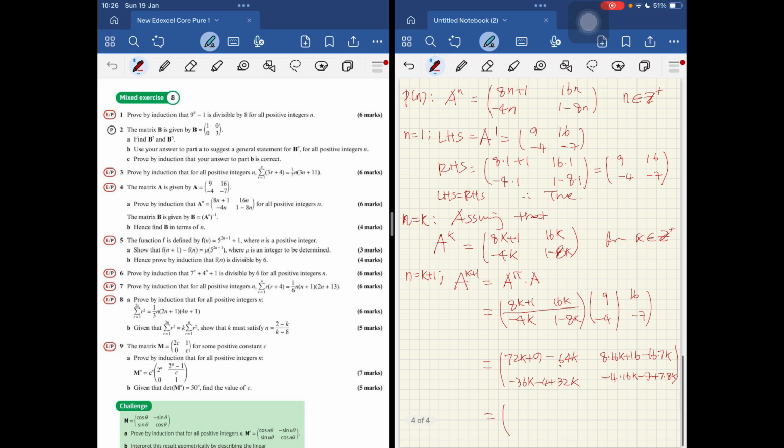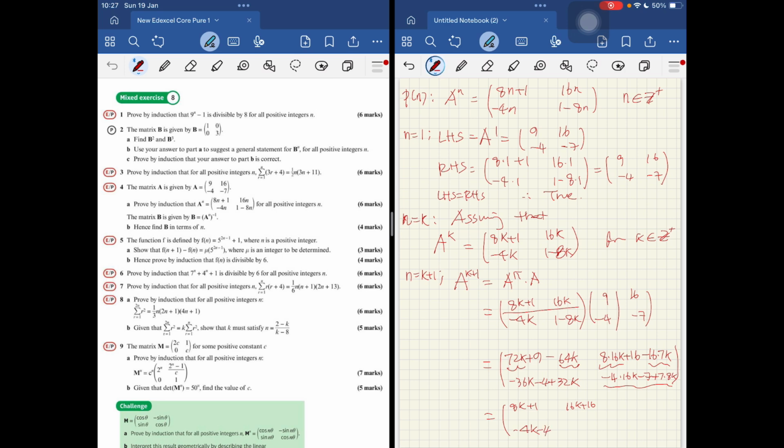So this and this, 8k plus 1. This and this is 16k. It's like 8k minus 7k, so it's 16k plus 16. And this one, negative 4k. And this one, no, I mean minus 4.